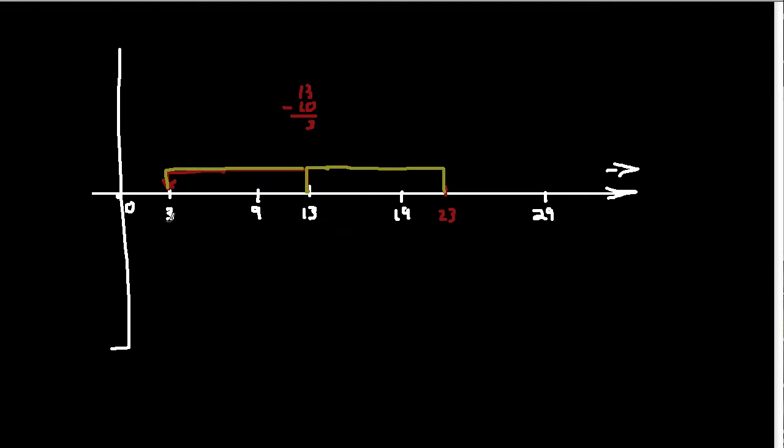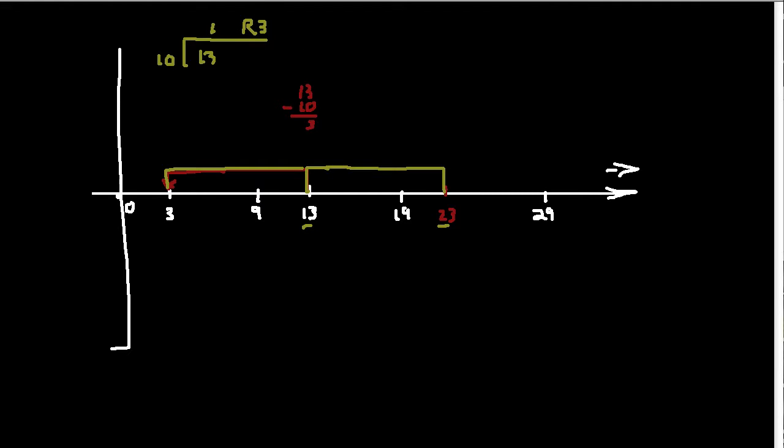I mean 3. Now notice that one way we can get this number is by taking the number that we're working with, be it 13 or 23, and dividing that number by 10. So for example, 13 divided by 10 is 1 remainder 3.